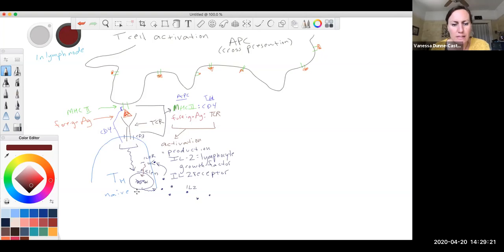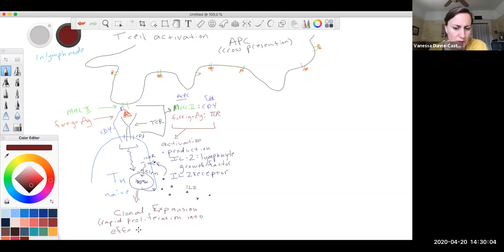And in this case, this leads to something called clonal expansion, which is the rapid proliferation or replication of this activated cell to produce two major classes of cells: effector cells and memory cells.